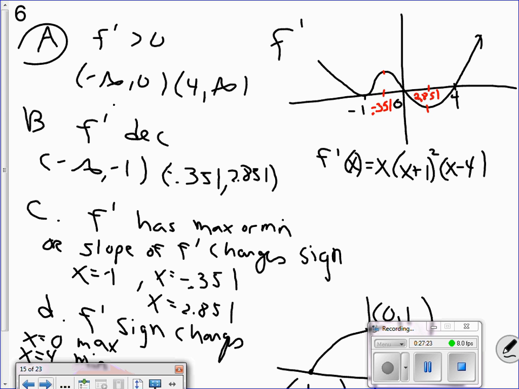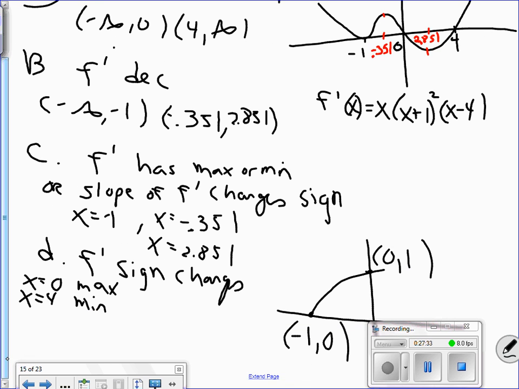The function has relative extrema when the first derivative changes sign. So then you look to see where it actually crosses. Okay, so these are the connections you want to make. You always want to relate it back to the graph that you're given and then answer the question.